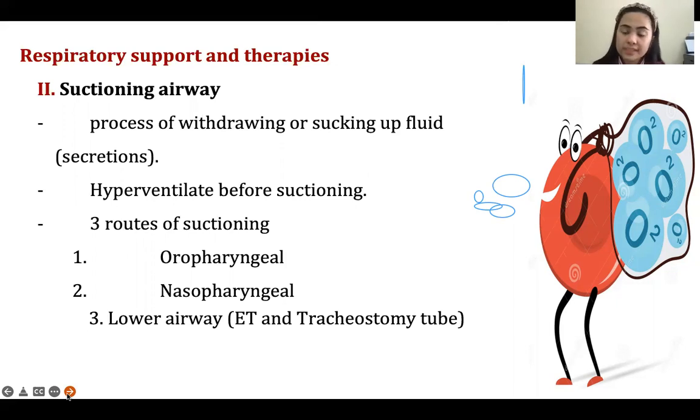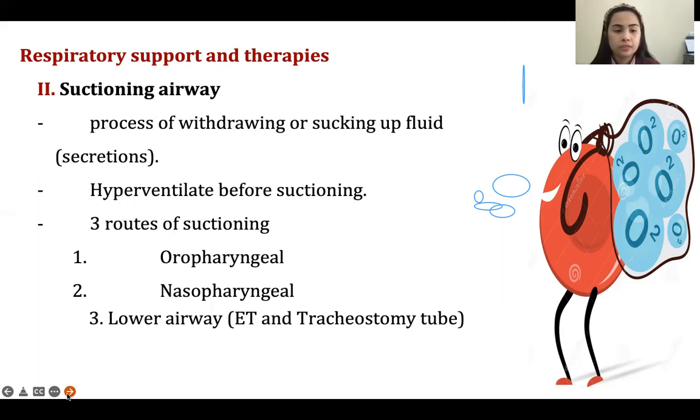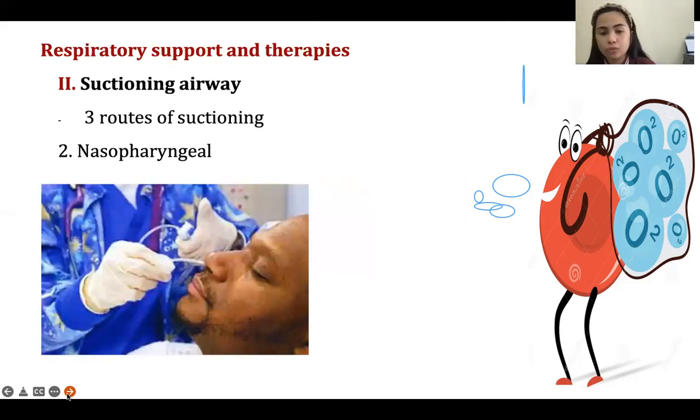Before doing suctioning, we should hyperventilate the patient. How do we do the hyperventilation? We are ambo-bagging the patient. Then we have 3 routes of suctioning. First is the oropharyngeal, where we are suctioning only the oral cavity. Then you have the nasopharyngeal, suctioning the nose.